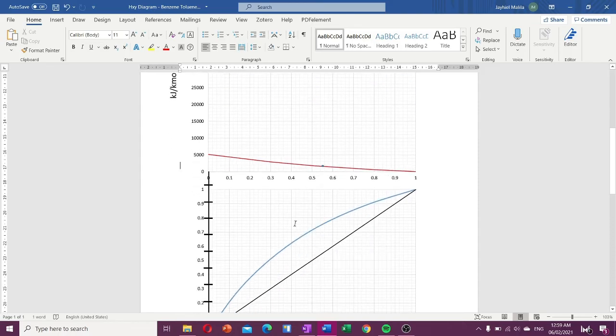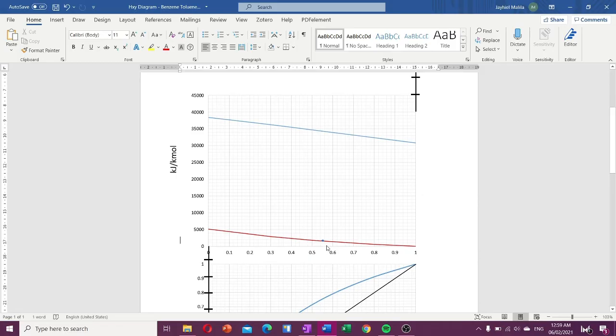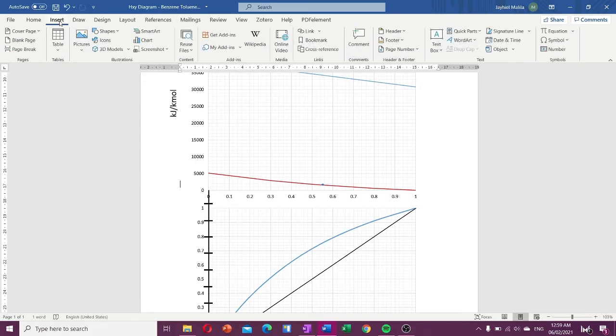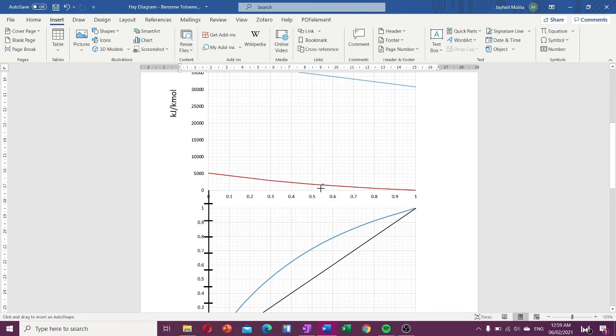It will be our guide for the tie line. Based on the XY diagram, I need to extend a particular line from the feed point up to the equilibrium line. So I will extend first a vertical line.